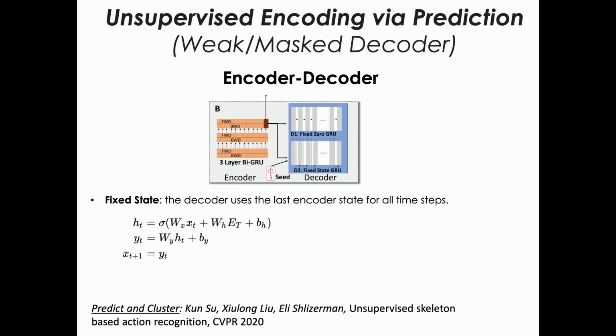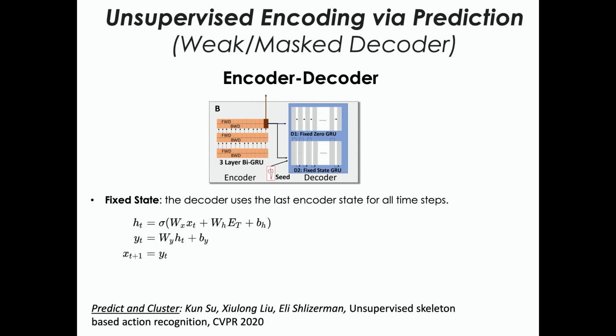So one of the approaches that we introduced earlier, and it could be applied to behavioral and also neural recordings, is this weak decoder approach. And the idea is to incorporate the time properties of the signal into the decoder.